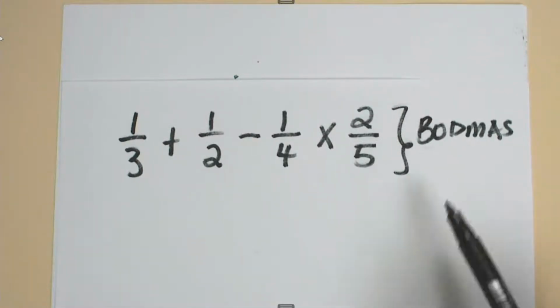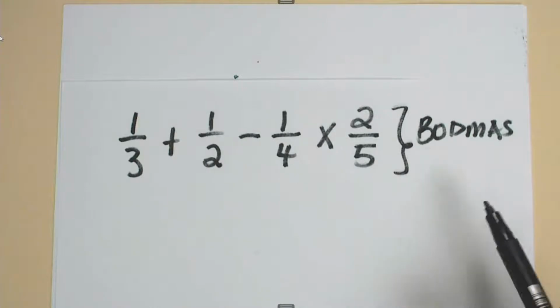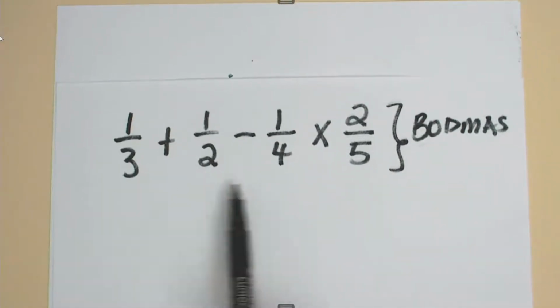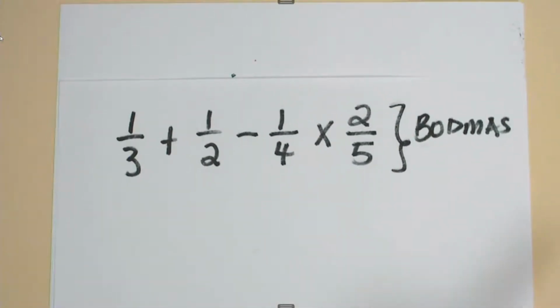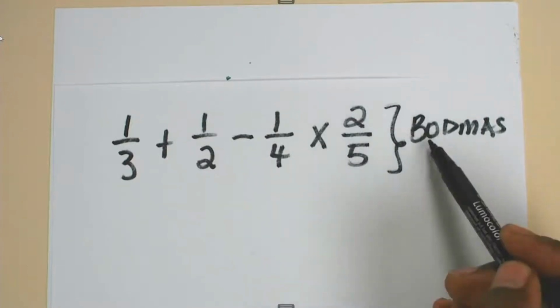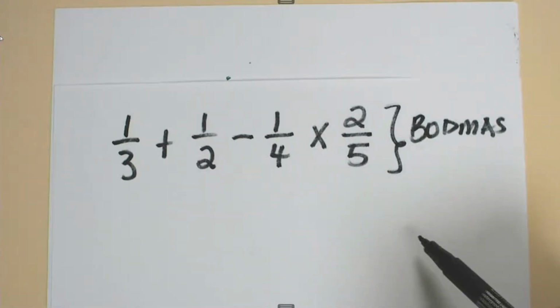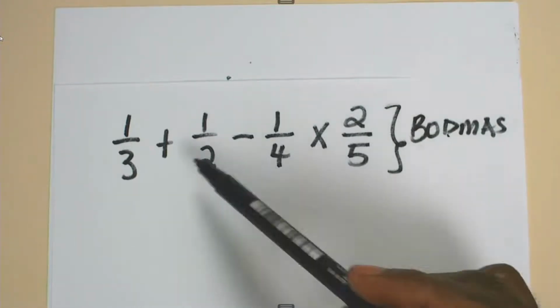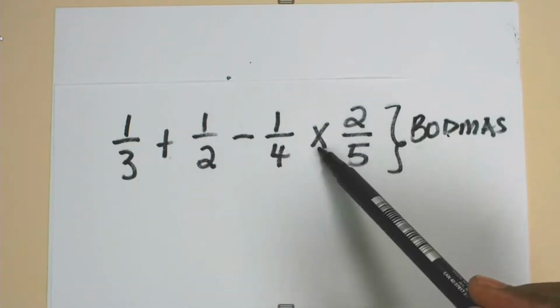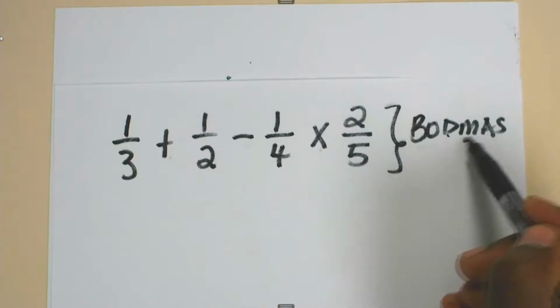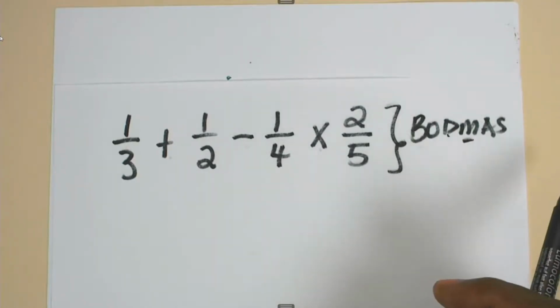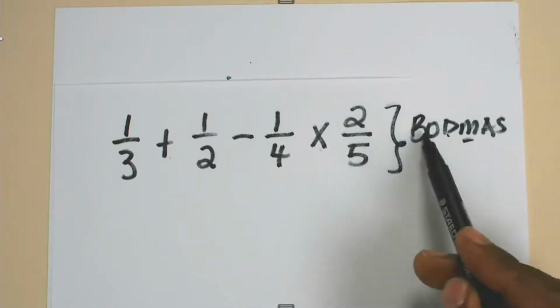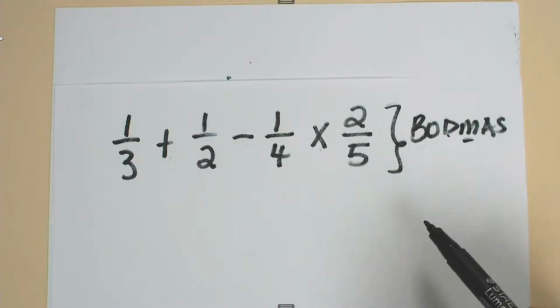Now, BODMAS says that we have to start with the brackets. As we see that in our fraction, there were no brackets, then it says we have got to work with orders. There are no orders. Division, there is no division. It's addition, subtraction, and multiplication. Then, BODMAS tells us that we should multiply. In the absence of all the first 3, then we have to multiply.